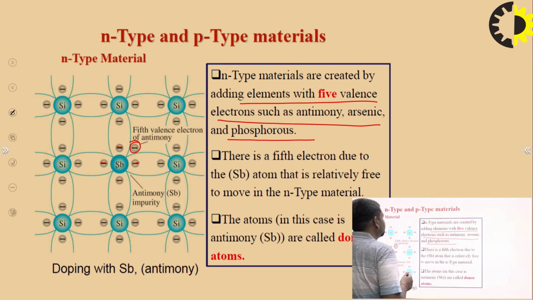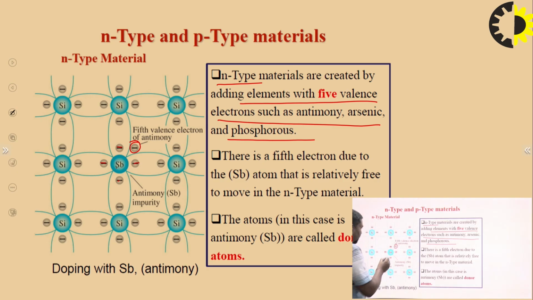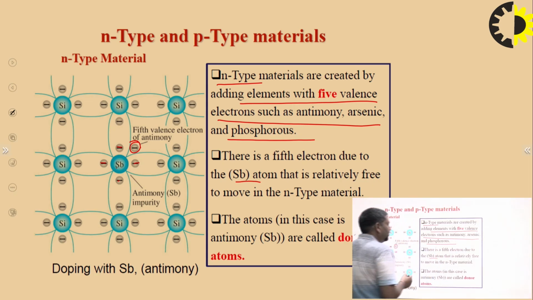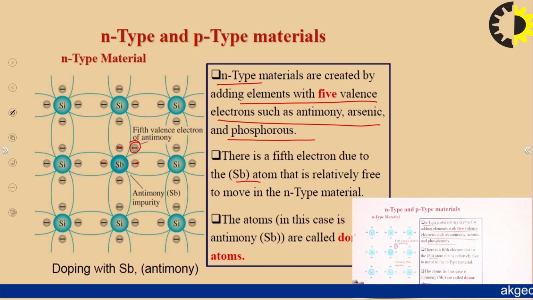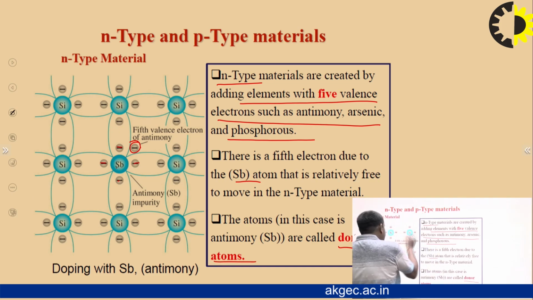Such a type of material is called an N-type material. In the N-type material, the electrons are majority carriers and the holes are minority carriers. Antimony, arsenic, and phosphorus are introduced for making an N-type material. These are also called donor atoms, because they produce electrons.